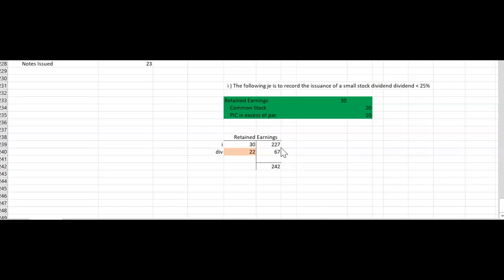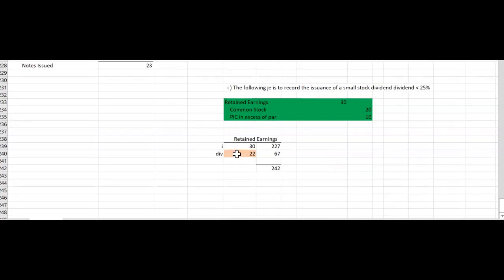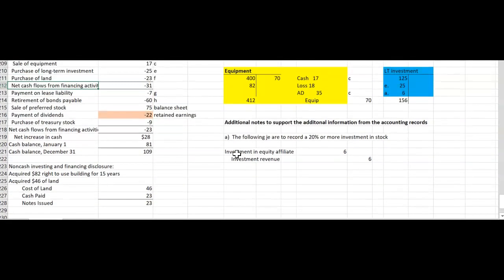So right now, you know you have to balance the 227 plus 67 minus 30 to 242. That means we infer that the difference is a $22 million dividend paid. And if you go up to the cash flow from financing, you can see the $22 million paid.